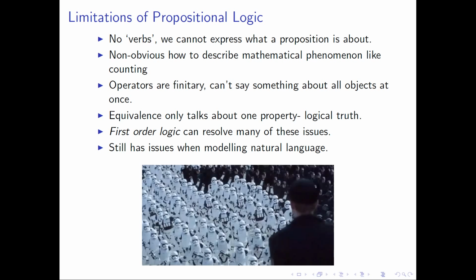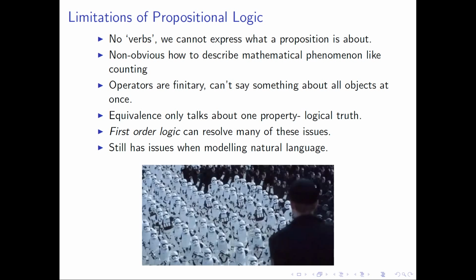Another thing is when we're talking about equivalence, what we've got is the biconditional. And the biconditional is only equivalence. It's only equality on logical truth. It doesn't tell you other properties. Okay, so it doesn't tell you that things may have two features that they share unless those features talk about logical truth.